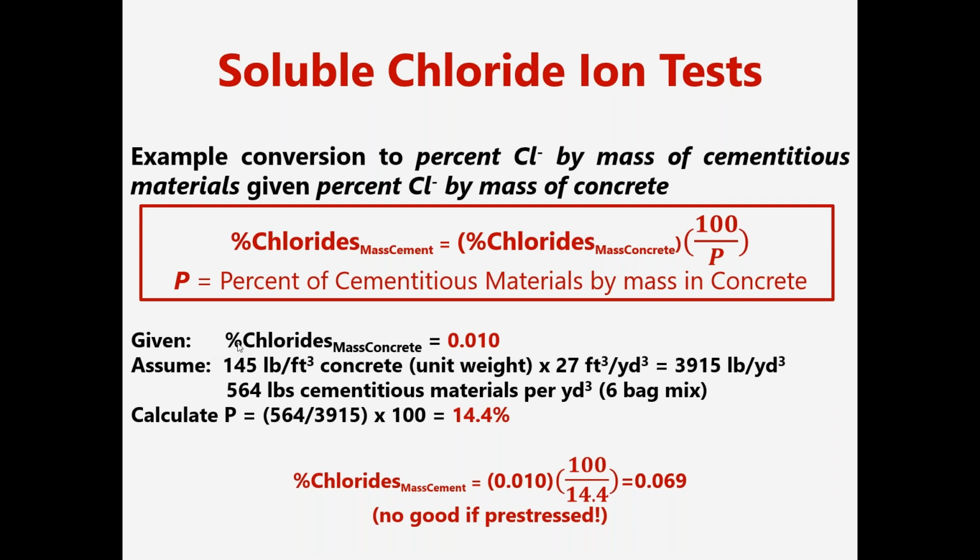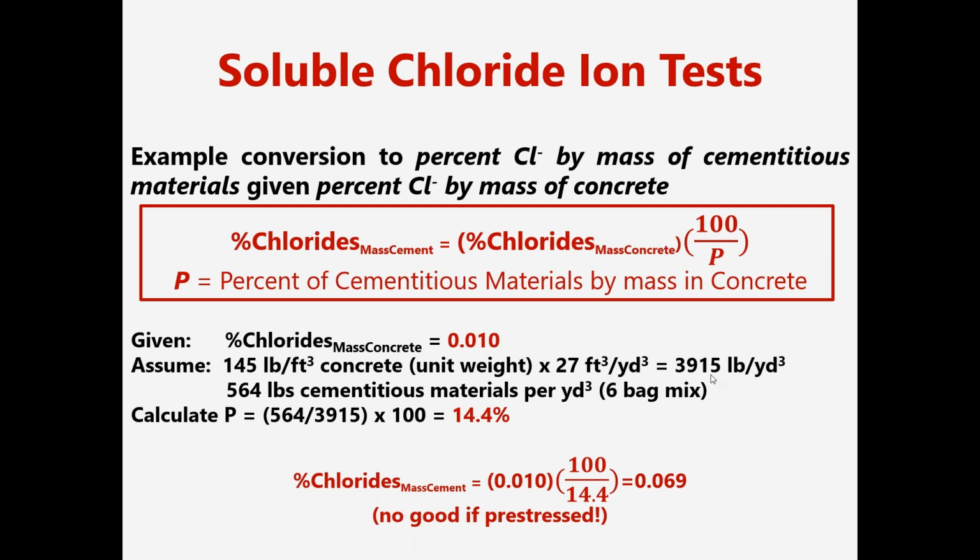Again, the lab gives you percent chlorides by mass of concrete. The value is 0.01%. We can make some fairly good assumptions of a unit weight of concrete of 145 pounds per cubic foot. That's non-reinforced. So we know there's 27 cubic feet in a yard.